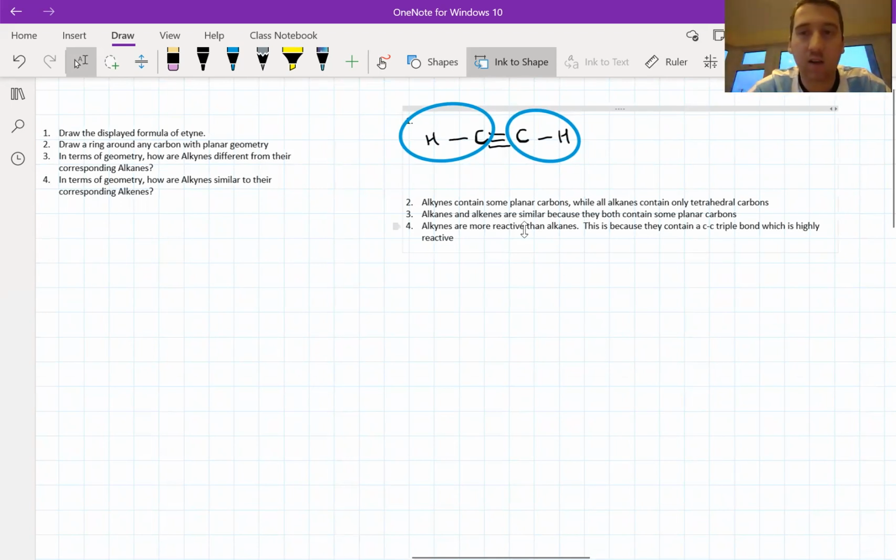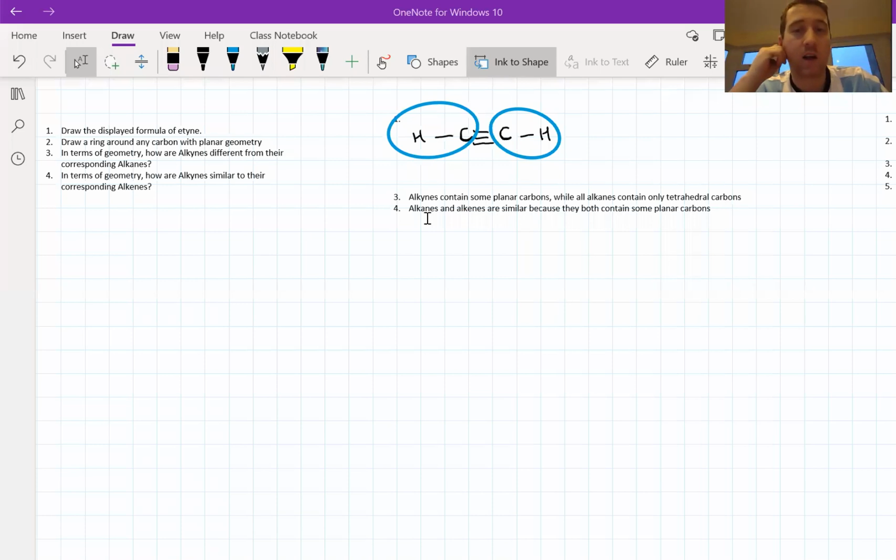Okay, so alkynes will definitely have some planar carbons because they have a C triple bond C. So the alkynes have to have these planar carbons. Now there might be tetrahedral carbons attached if you make a big long chain, but it will definitely have some of these. It has to have 1 carbon-carbon triple bond for it to be an alkyne.